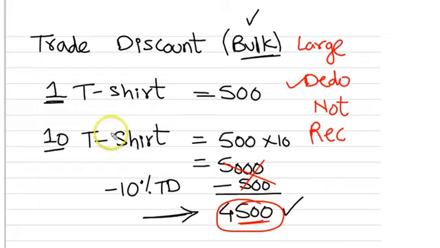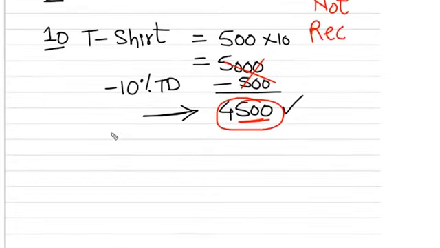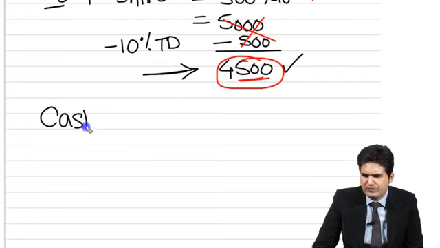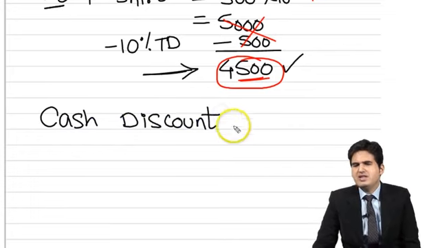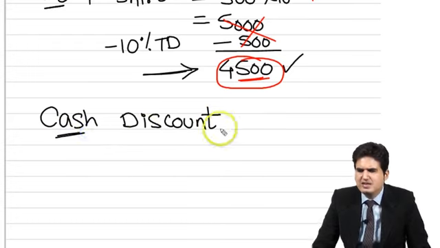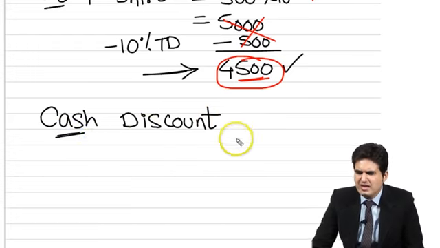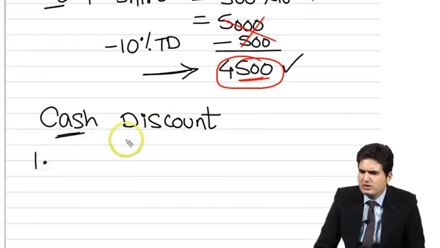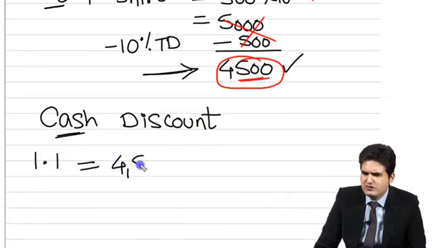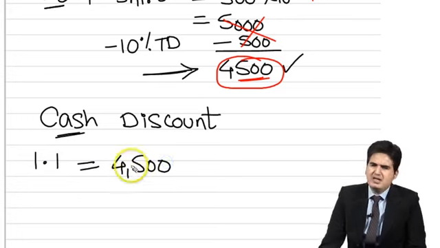Now let us also understand the concept of cash discount. As the name suggests, cash discount is always for prompt payment, or to make a cash payment within a specified period. So, as the name suggests, this relates to cash. So let us say I buy goods of 4,500 rupees on 1st of January, right?